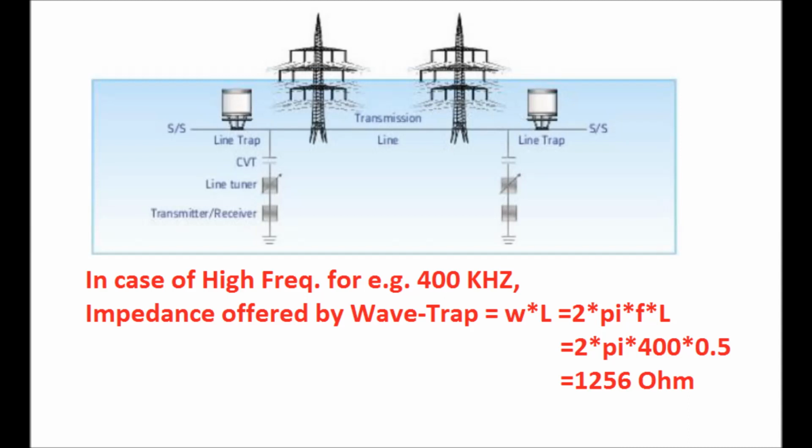So we get the impedance offered by the wave trap as 1256 ohm. So the wave trap blocks this type of high frequency signal, and it is diverted to the coupling capacitor, which is connected in parallel with the wave trap. The coupling capacitor provides a low impedance path for the high frequency signal.